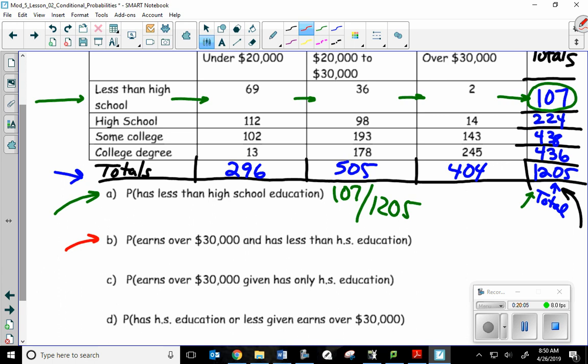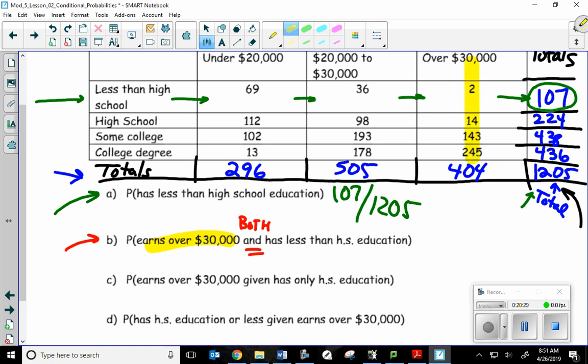Next, B. They earn over 30,000 and they have less than a high school education. This is where they need to do both. Both criteria need to happen. So, over 30,000 is this column right here.